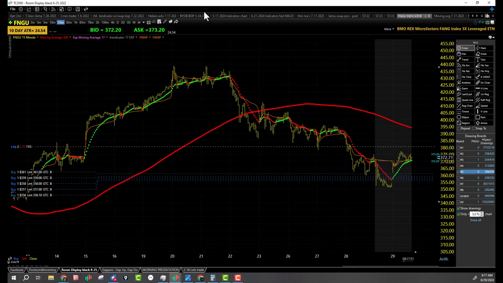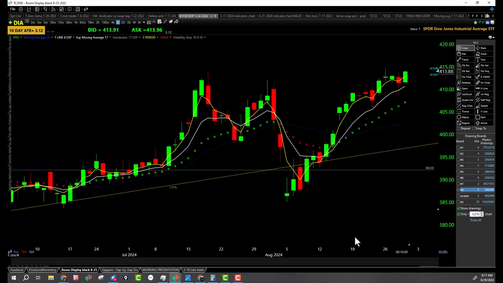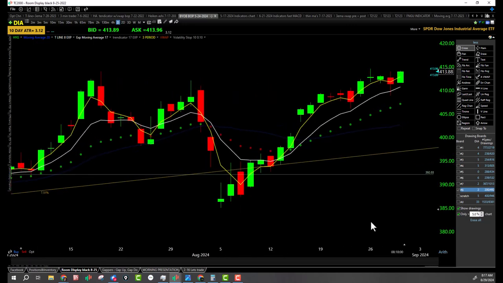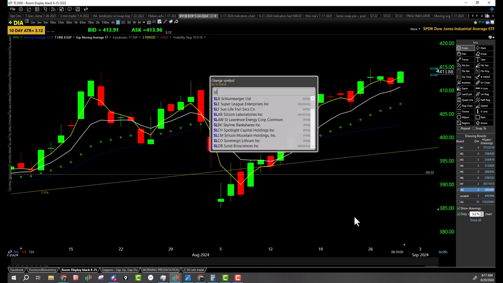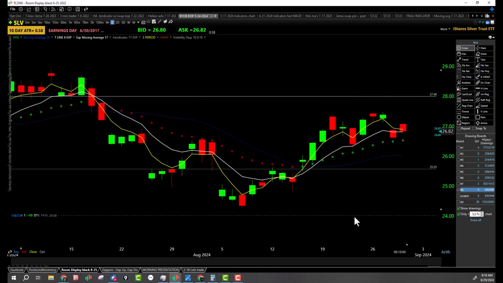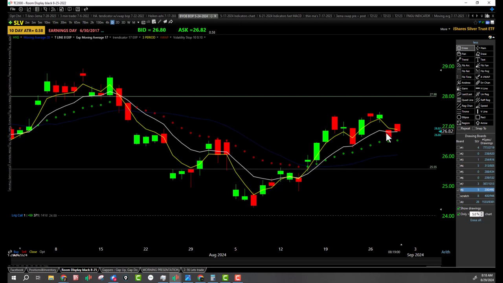All right, so let's go take a look at some sectors. We'll start off with our precious metal sector because that's doing pretty good. Start off with silver and gold. Silver and gold both in uptrends, but yesterday's price action, we got lower highs and lower lows. Silver closed under a bullish trap, but over the 17 EMA. Still in an uptrend.